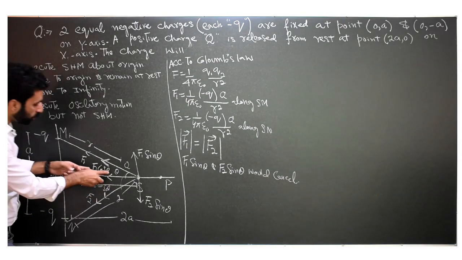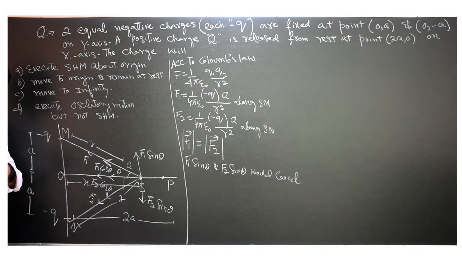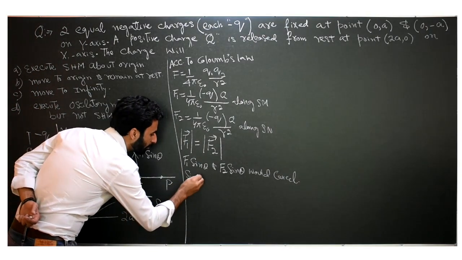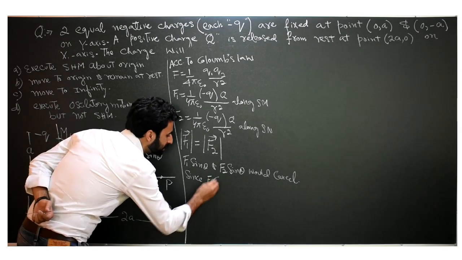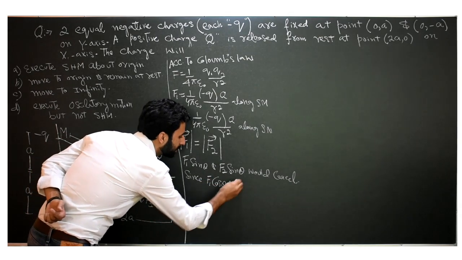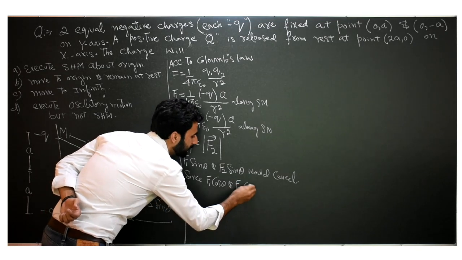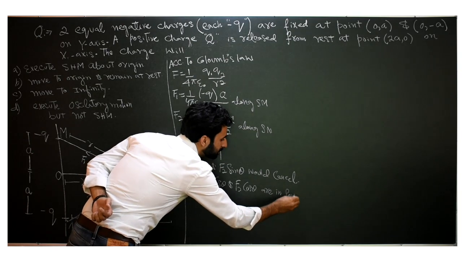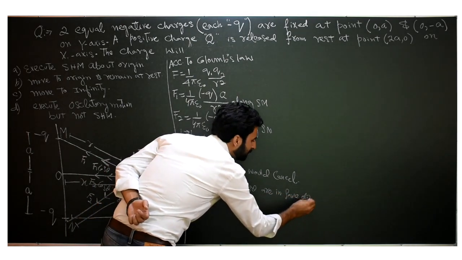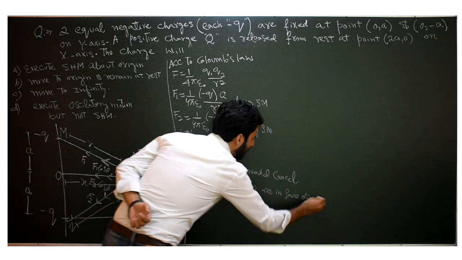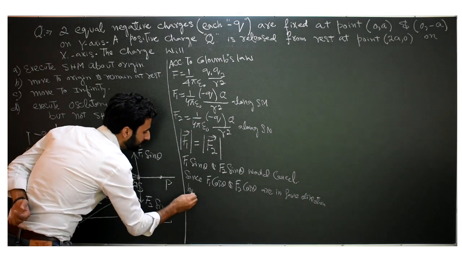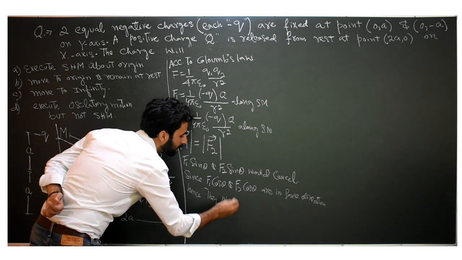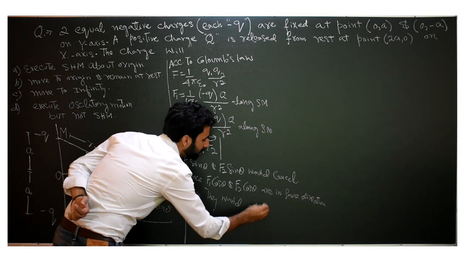And F1 cos theta and F2 cos theta are in the same direction, hence they would add up.